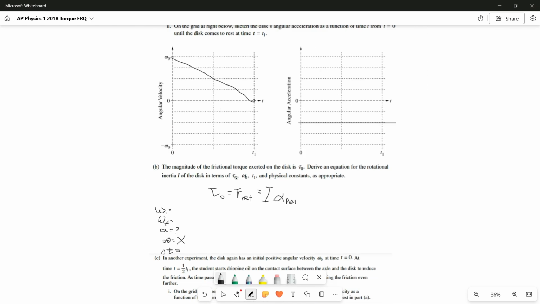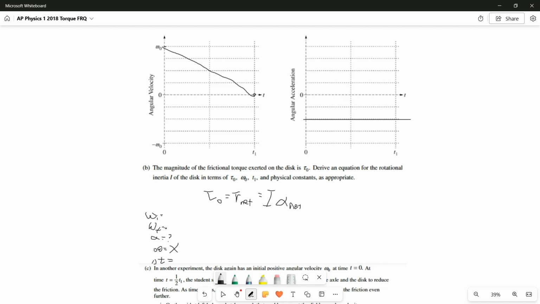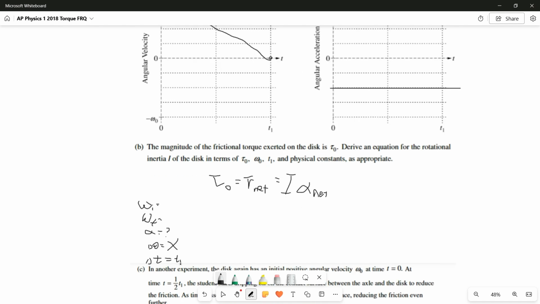And we realize that change in time is simply t1 minus 0, that is simply t1. We know that the disk comes to a stop, so omega f is 0. And we know that the disk, as given by the problem, has an initial angular velocity of omega naught.